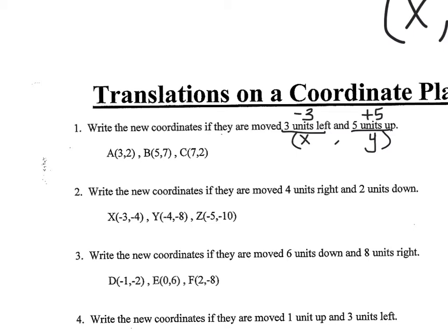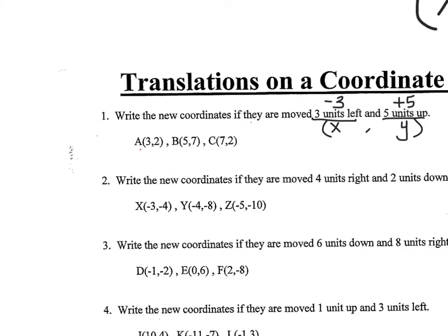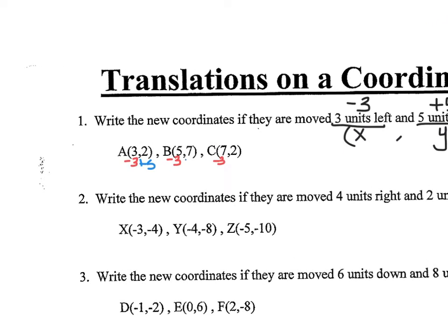So plus 5. So when I add it to the old coordinates to make new coordinates, I'm going to say minus 3 from every x value and plus 5 to every y value.